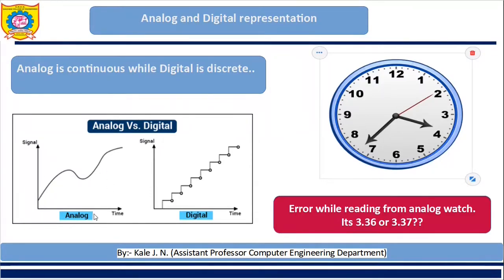So analog quantities are continuous, while digital quantities are in discrete form. Due to the discrete nature of digital representation, there is no ambiguity when reading the value of a digital quantity. But this is not the case with reading time from an analog watch. So this is regarding representation of the quantity in analog form as well as in digital form.